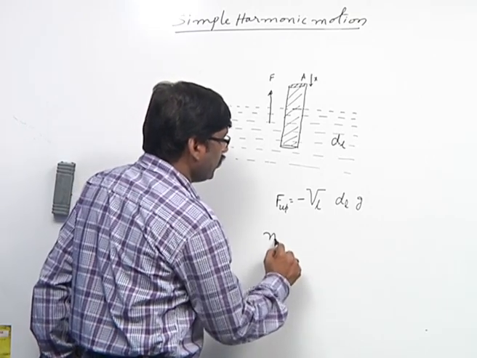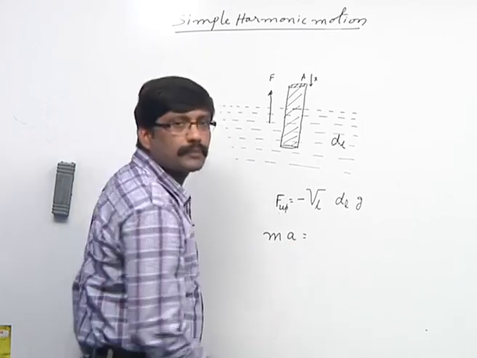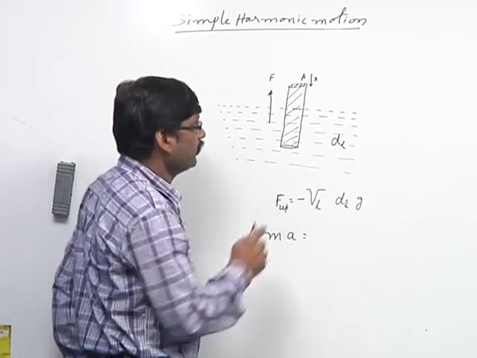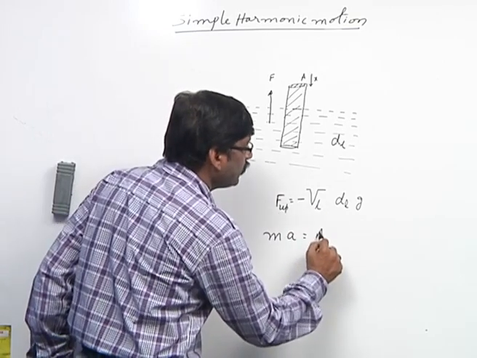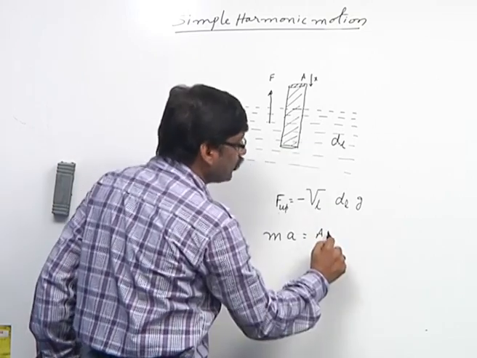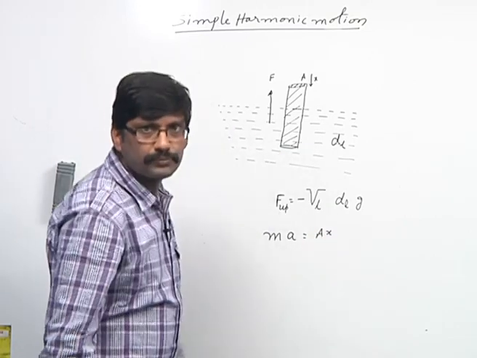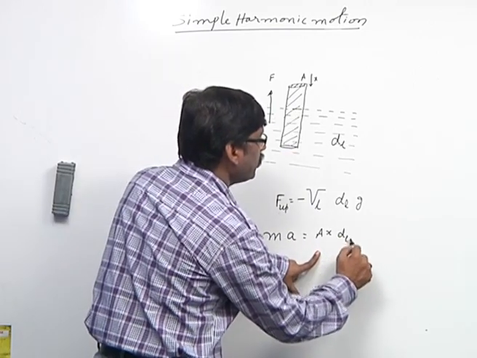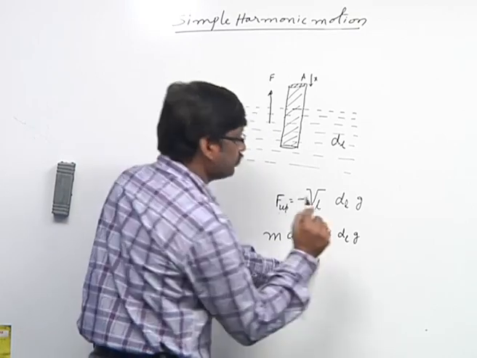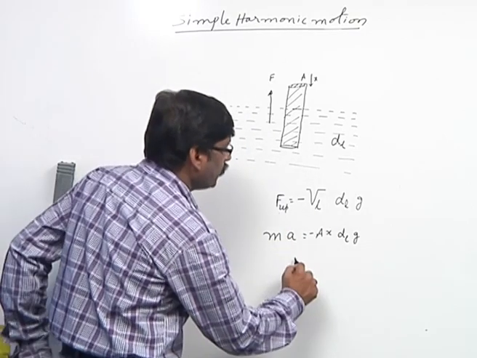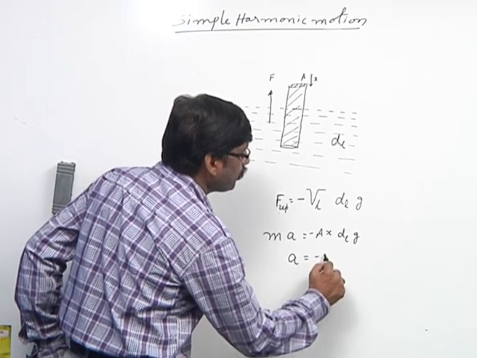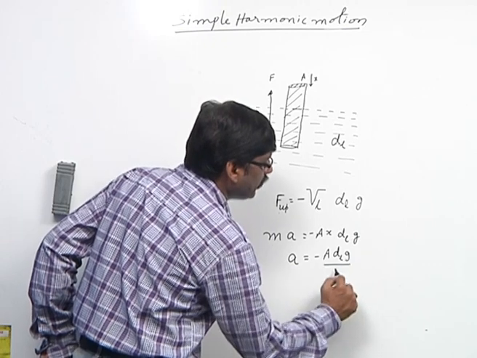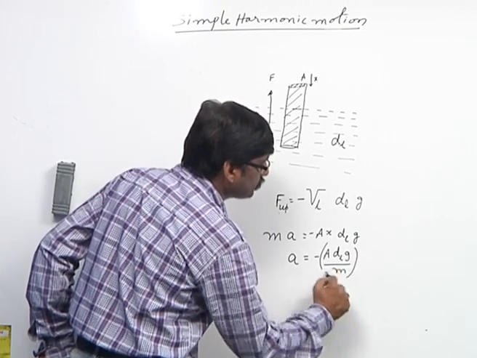Since F is equal to ma, the restoring force is ma, and V_L I can write as area of cross section into length, which is the volume, that is the extra upthrust, into d_L into g, with a minus sign. So, the acceleration a is equal to minus A d_L g by m, which is a constant, into x.